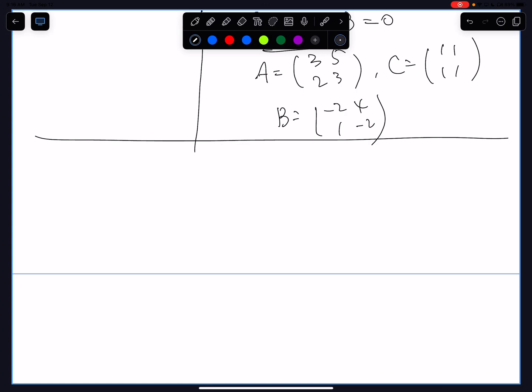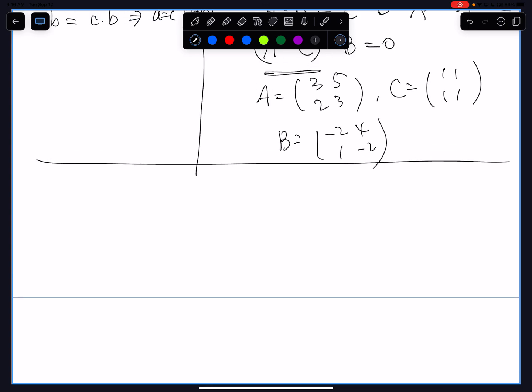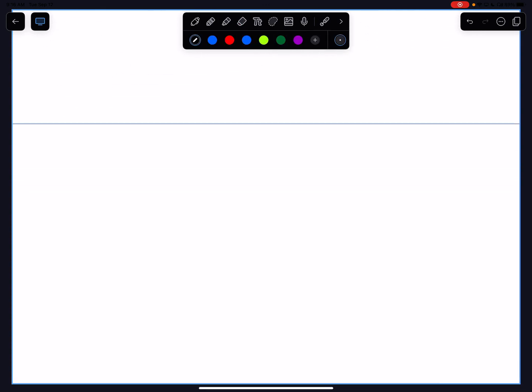So before defining the inverse of matrix A, we'll figure out what kind of properties we have.